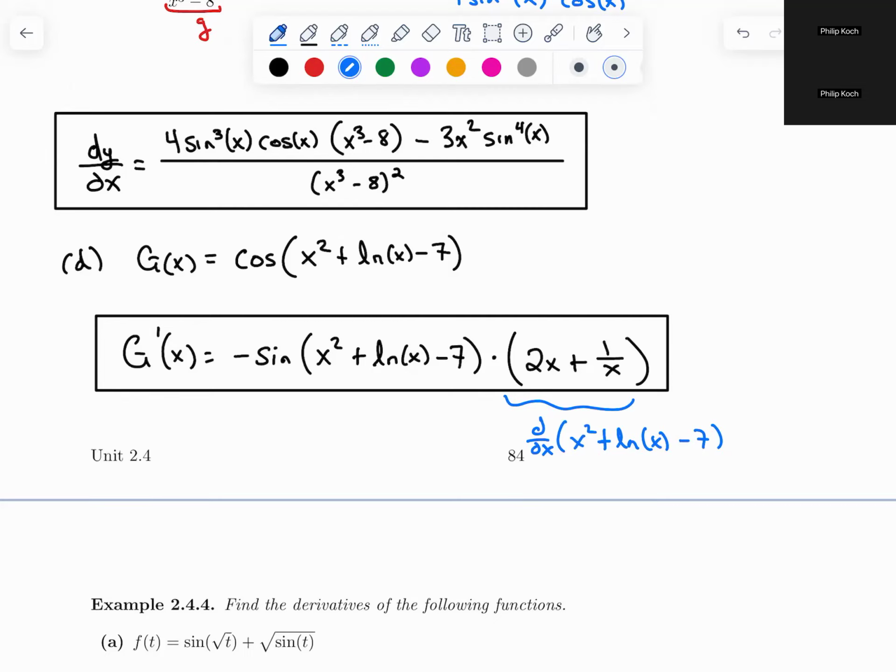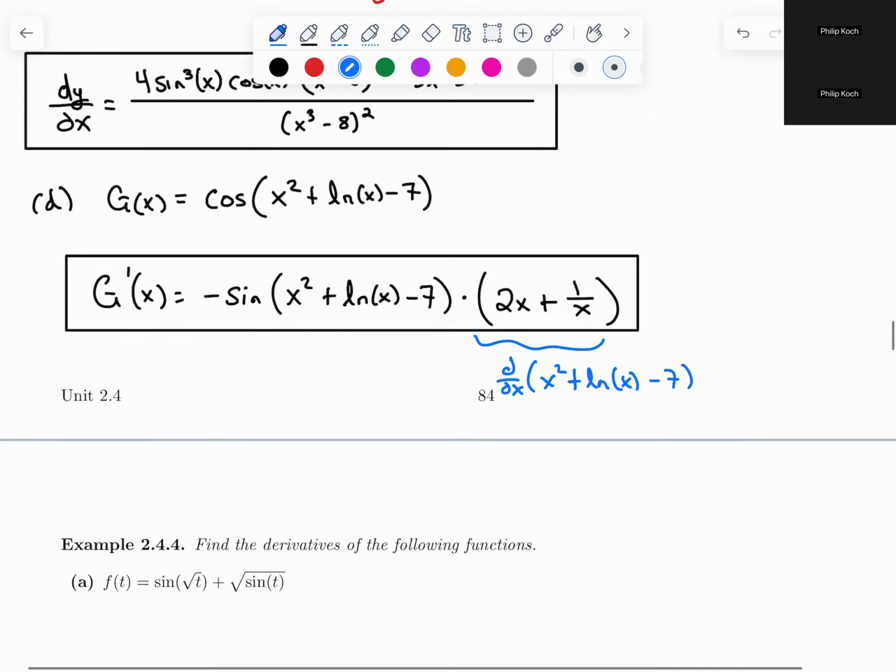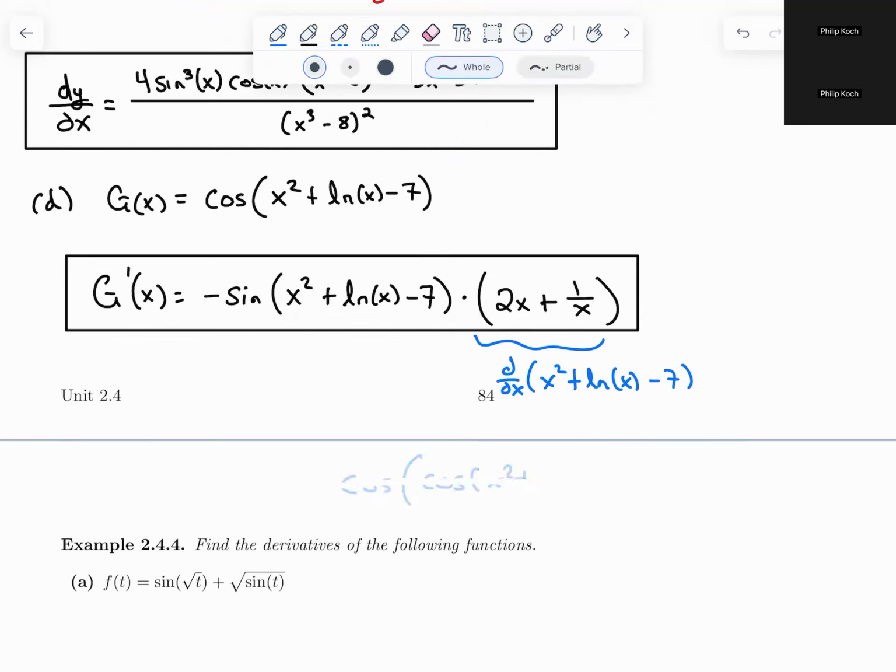Yes. If there was a time where you have cosine parentheses and then that equation again, would you take the derivative of the inside after you've done both cosines? Are you saying it was cosine parentheses cosine parentheses x squared plus... Excellent question. There is such a thing as a double chain rule or a triple chain rule or a quadruple chain rule.